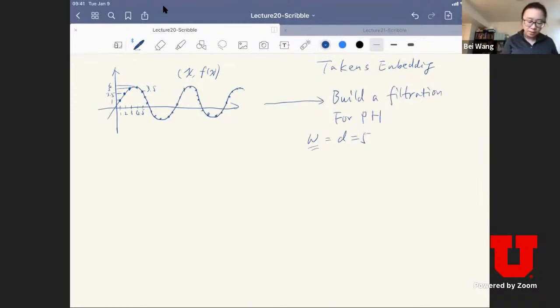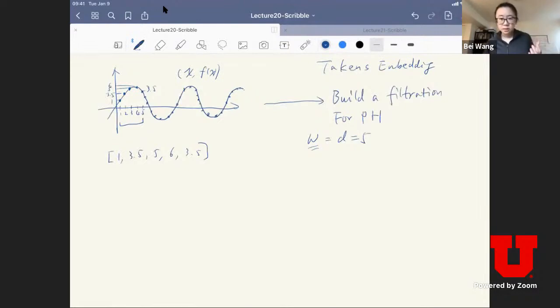So when I take the window of size 5, I take the signal strength, in this case f of x, so I have 1, 3.5, 5, 6, 3.5. That became my first point in my 5-dimensional point cloud.